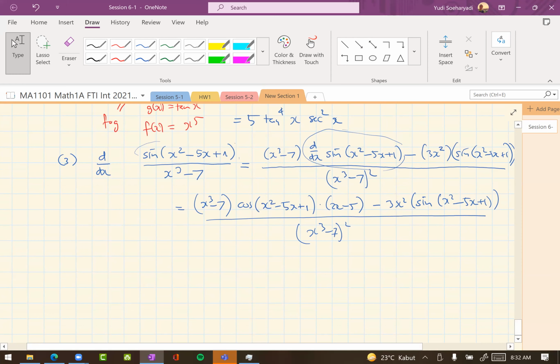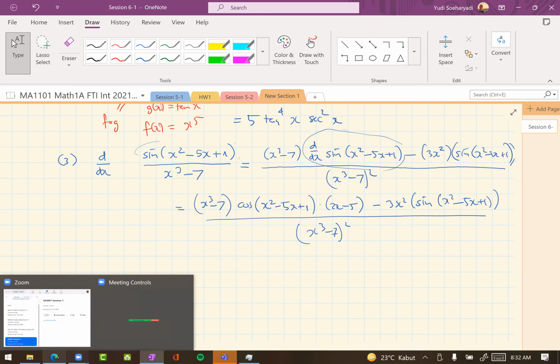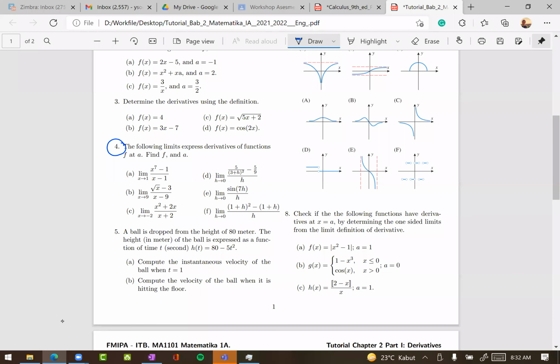So now, after the product rule, derivative rules and chain rule, we have quite a large library of how to compute derivatives. Let's pick some examples from the tutorial.